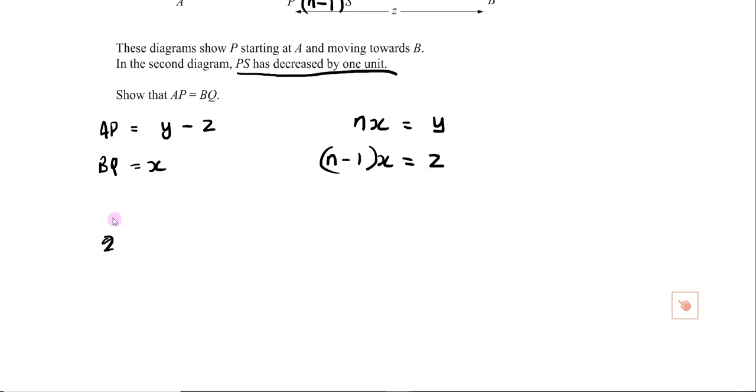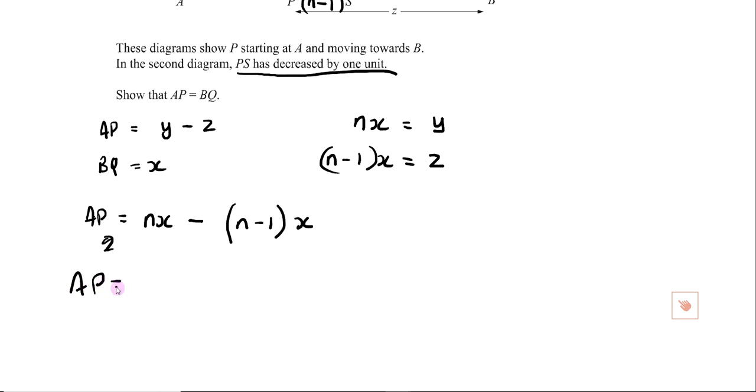Okay. So then we're saying that AP equals NX minus (N minus 1)X. And from that you write, and this is where some people either made a mistake or didn't finish it.